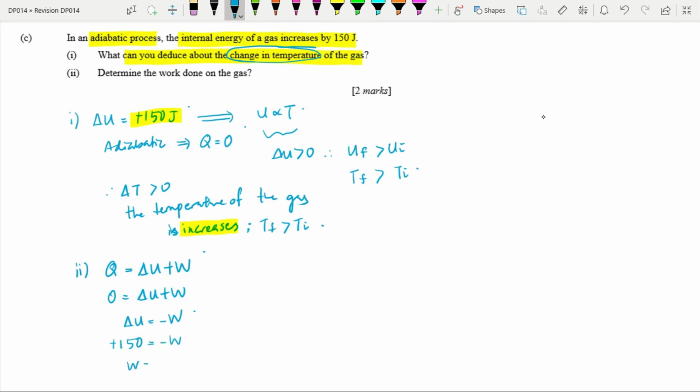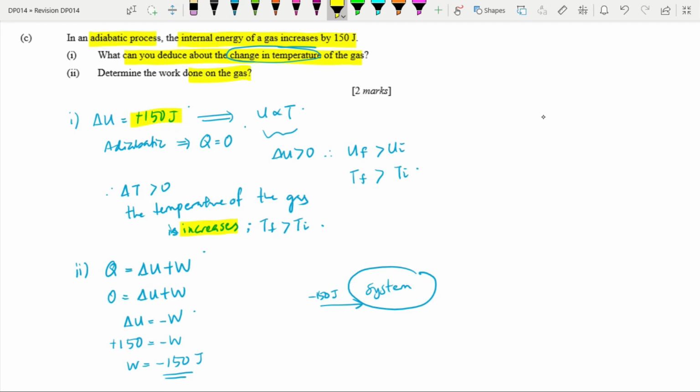So awak akan dapat work done awak negative 150 joule. Okay, so basically negative 150 joule kalau sistem ataupun gas. So negative tu ada kat sini. Okay, work done negative tu ada kat sini, 150 joule. So, meaning work done on the gas lah. That's why soalan pun minta on the gas.